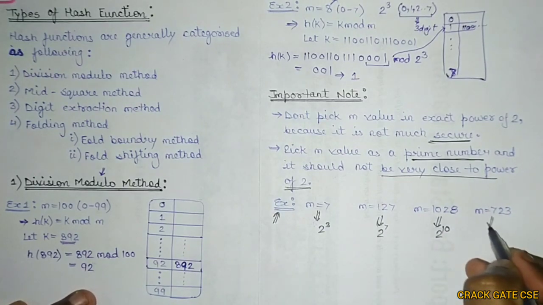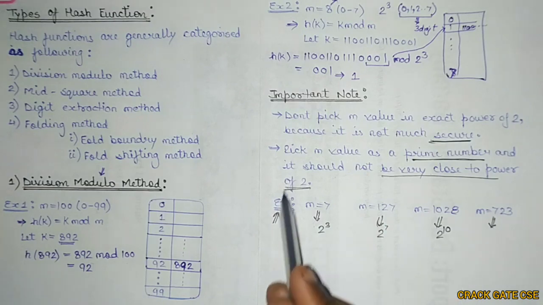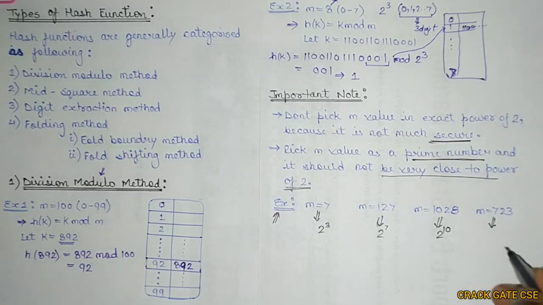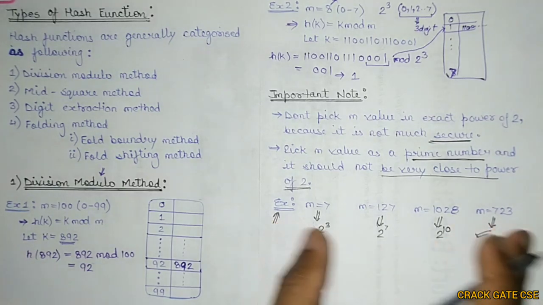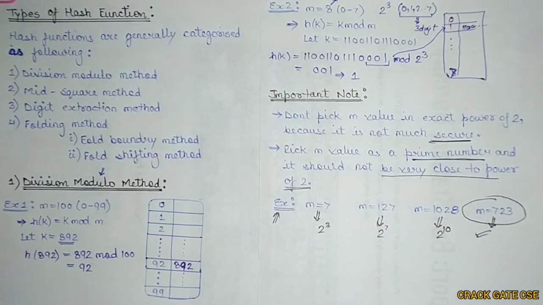But if you check this one, this is not close to any of the 2 to the power values, right? And this is a prime value also, right? So this is the most suitable. So among these four, what is the right answer? This is the most suitable value of m to pick, right? So this kind of question can come in your GATE exam, right? So this is all about the first method, division modulo method.